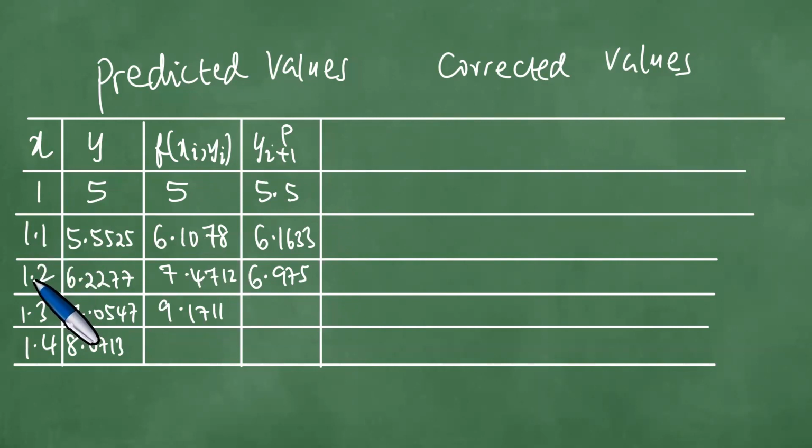It's at the next one, here. So this one is 7.9718, which is xi plus 1.